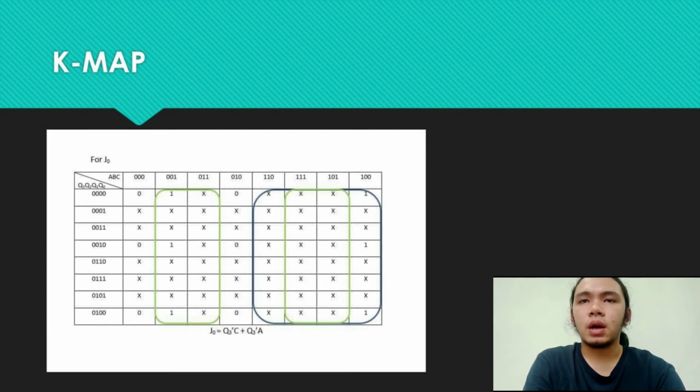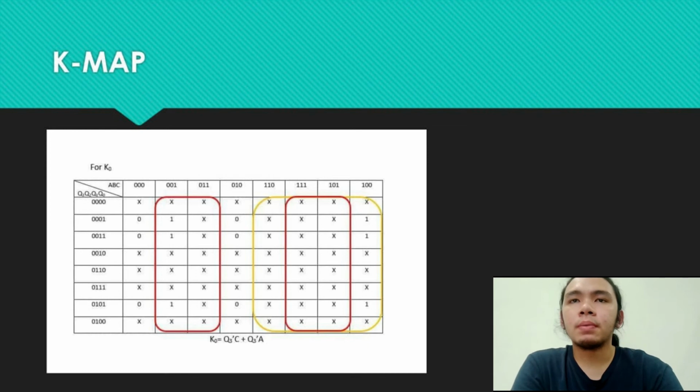Looking at the colors makes it easier for us to produce the equation. Next, the equation for the blue circle is Q3 bar A, and the equation for the green circle is Q3 bar C.